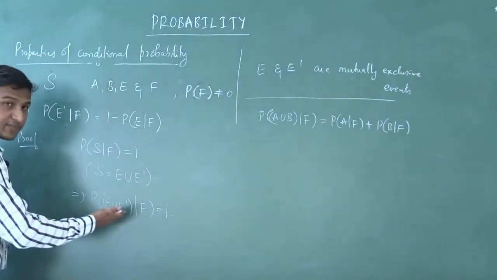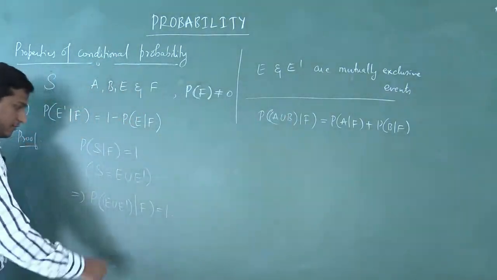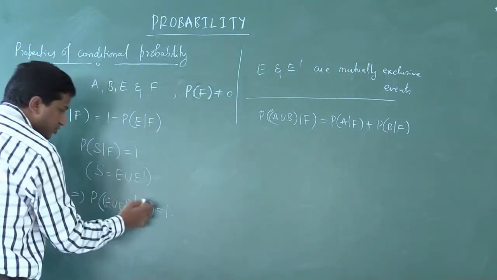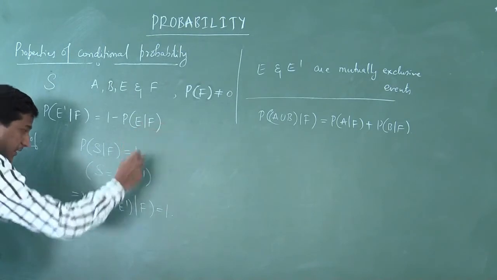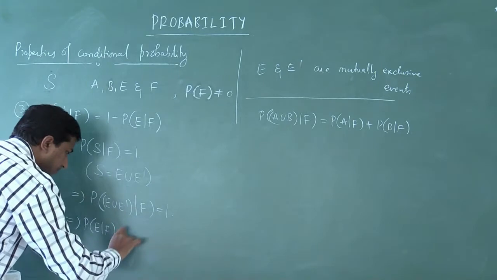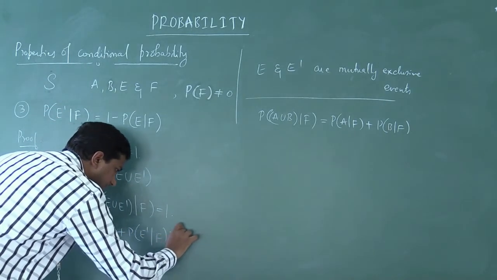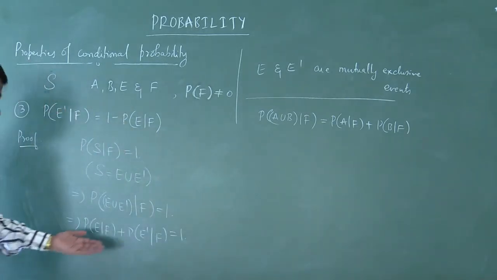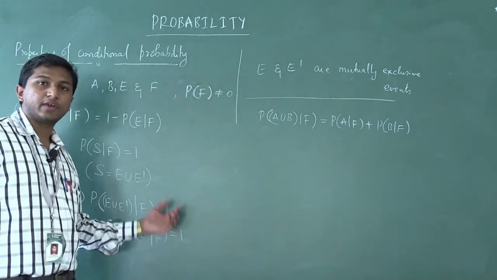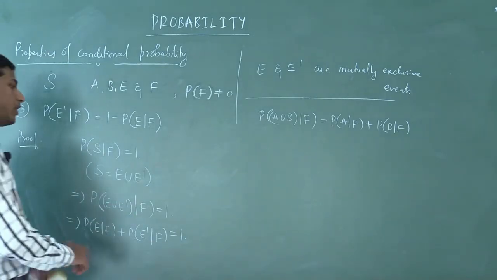But what are the events here? Instead of A union B, we have E union E dash. So what happens to this LHS? This becomes P of E bar F plus P of E dash bar F equals 1. RHS remains as it is, equals 1.